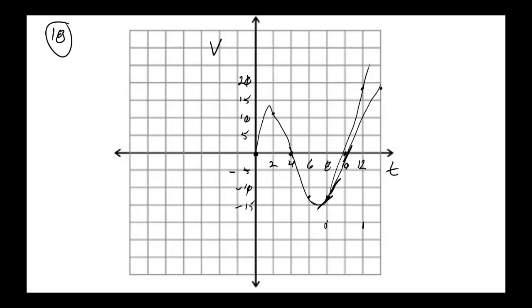3 and 4 only. I still think I disagree with this. The object is speeding up on the interval 4 to 6. Okay, wait. Sorry. I was thinking this was a displacement curve. This is velocity.